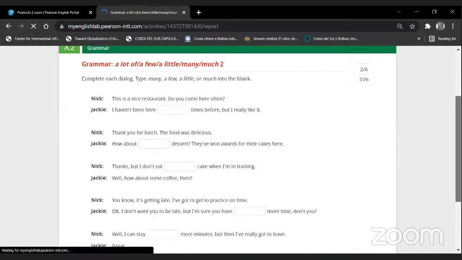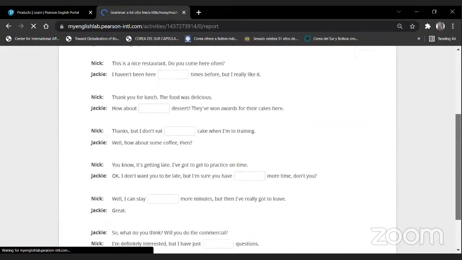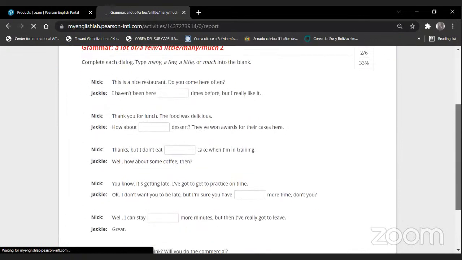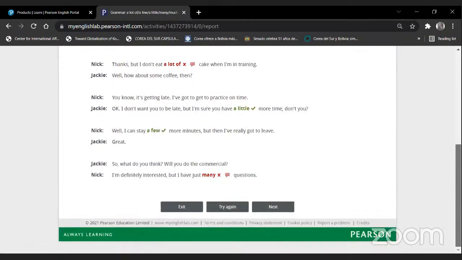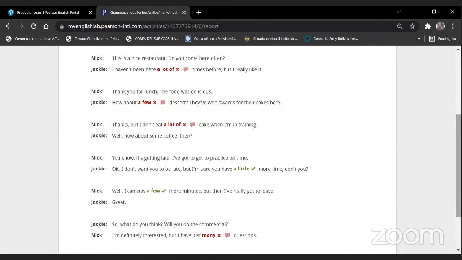Wow. What happened? Yes. Well, let's see. Let's see what happens. Loading. Okay. The first one. Of course, it's good, but I don't know why the platform is not recognizing a lot of, because in the first one, yes, it is a lot of, but I think the platform only recognizes the given words.